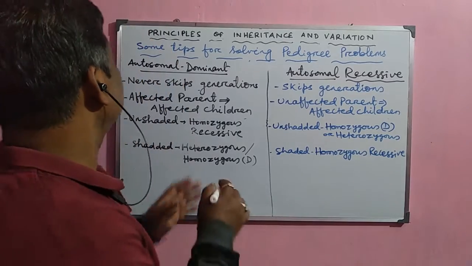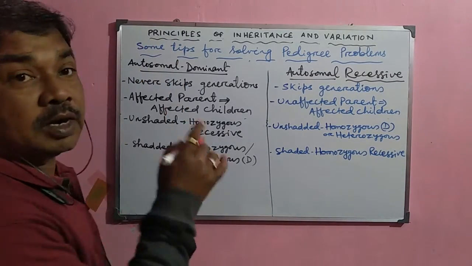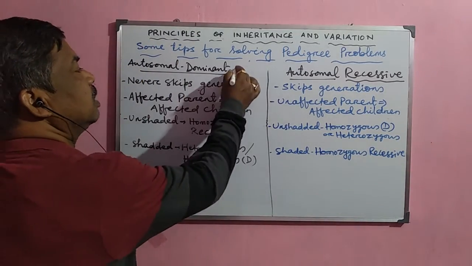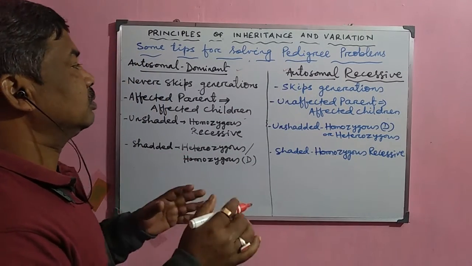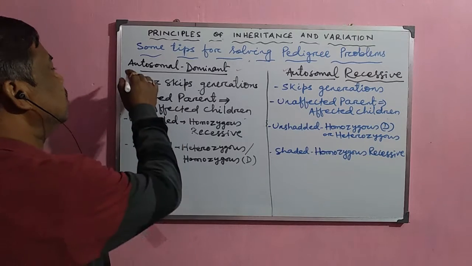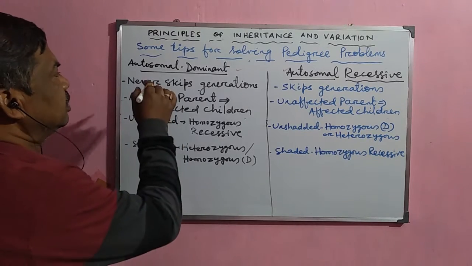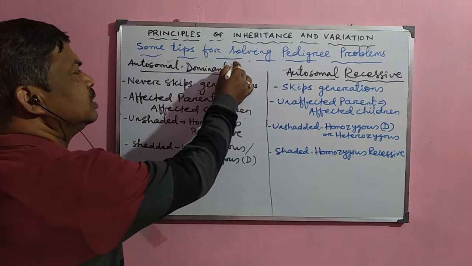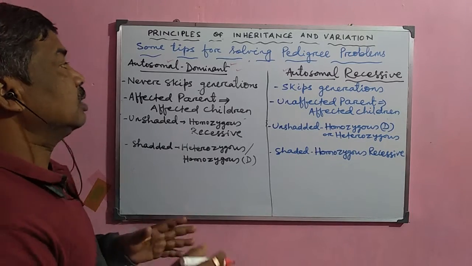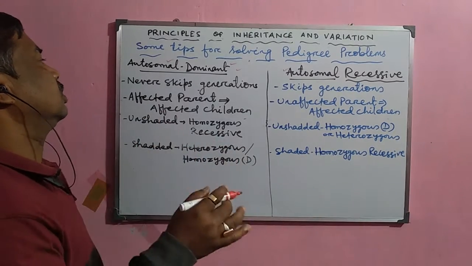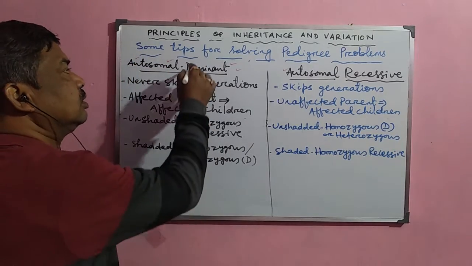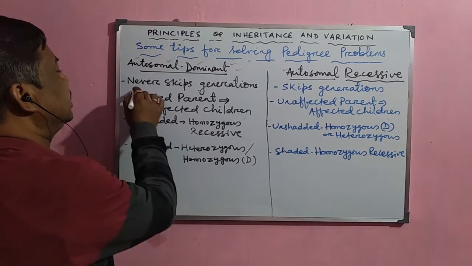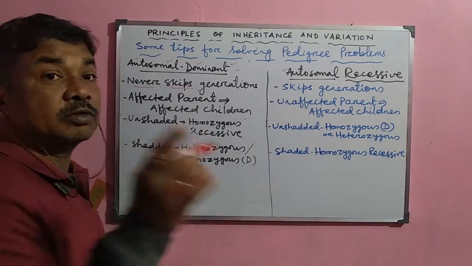Now, when we compare autosomal dominant and autosomal recessive disorders in human beings: in autosomal dominant disorders, which are present in the autosomes in the dominant form, they never skip a generation, as we have already discussed.